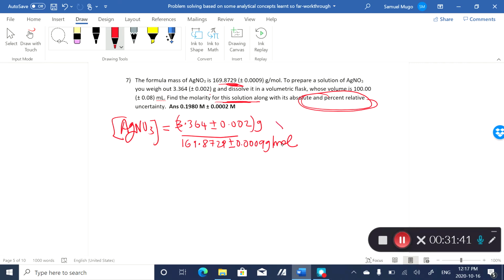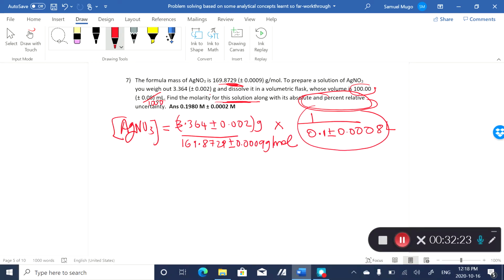And we know the volumetric flask that we are using is 1 liter. And so this is 0.1 plus minus 0.0008 liters, because remember what we had here was 100 mL, and so we've divided this by 1,000, and so equally we should divide this by 1,000 so that it can be in liters.